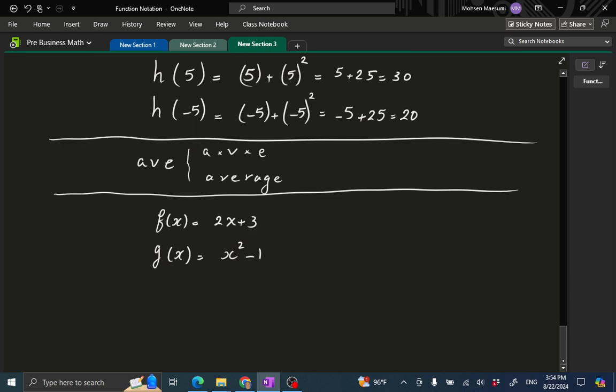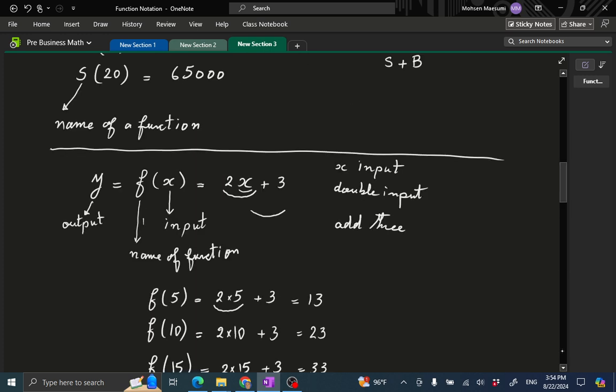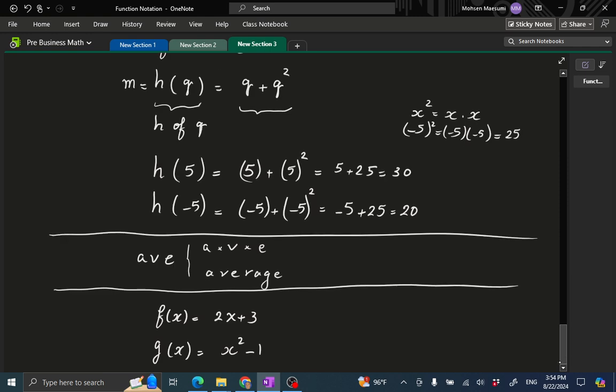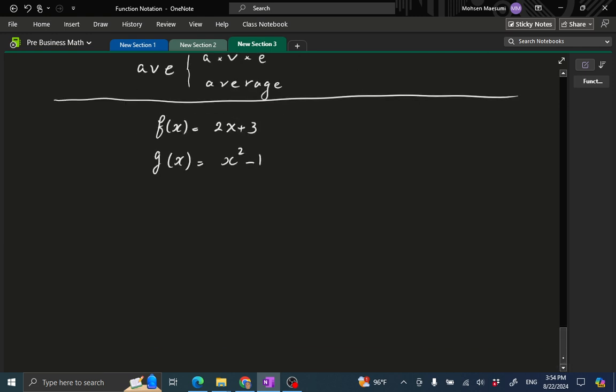So if I have two functions, I can always think about adding them. F plus G. What does that mean? Well, this is very easy. F plus G means that it's a function that when you apply to x, it's just whatever you had for f of x and whatever you had for g of x, and you are just adding them.